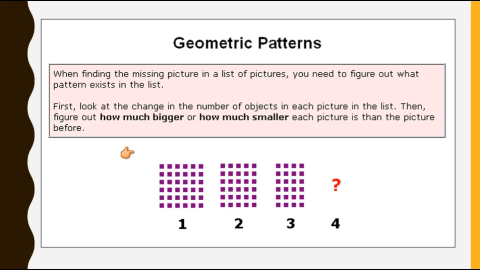So first of all, let's decide, is this increasing or decreasing? I can just tell by glancing at it that it's getting smaller, right? It's decreasing. This one has a lot more than this and then this, so this one's going to have less. So we're going to be either subtracting or dividing something.